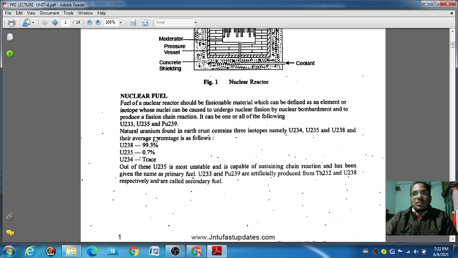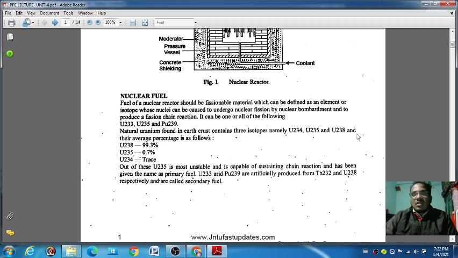Natural uranium, where U stands for uranium, is found in the earth. Uranium found in the earth has isotopes, namely U234, U235 and U238.